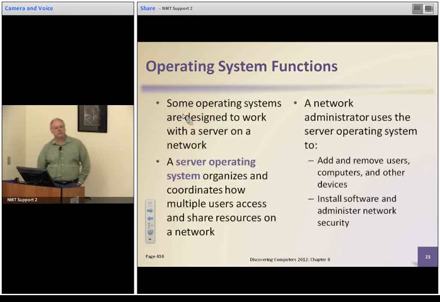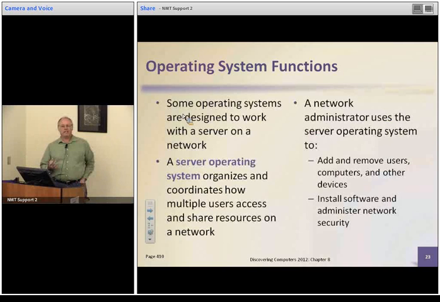Some operating systems work as servers. What does that mean? That means they can do more than your standalone Windows operating system. They run on a machine, and generally there's nobody on that machine, but there are people logging into it, and the machine is managing resources for all of these people. Often it's just a network it's managing.